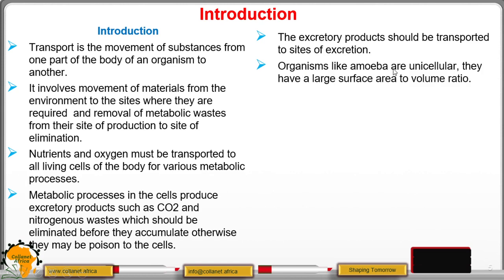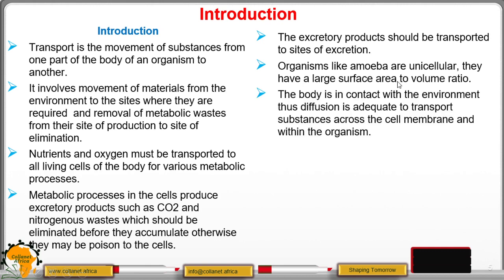Organisms like amoeba are unicellular, meaning they are made up of only one cell. They have a large surface area to volume ratio, and that is why their body is in contact with the environment. That means the process of diffusion is adequate to transport substances across the cell membrane and within the organism.